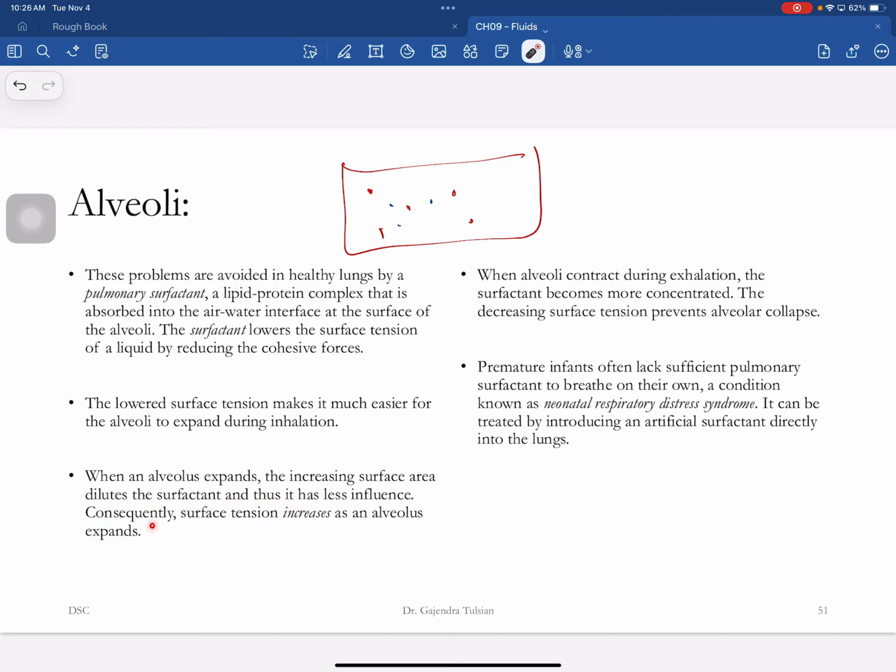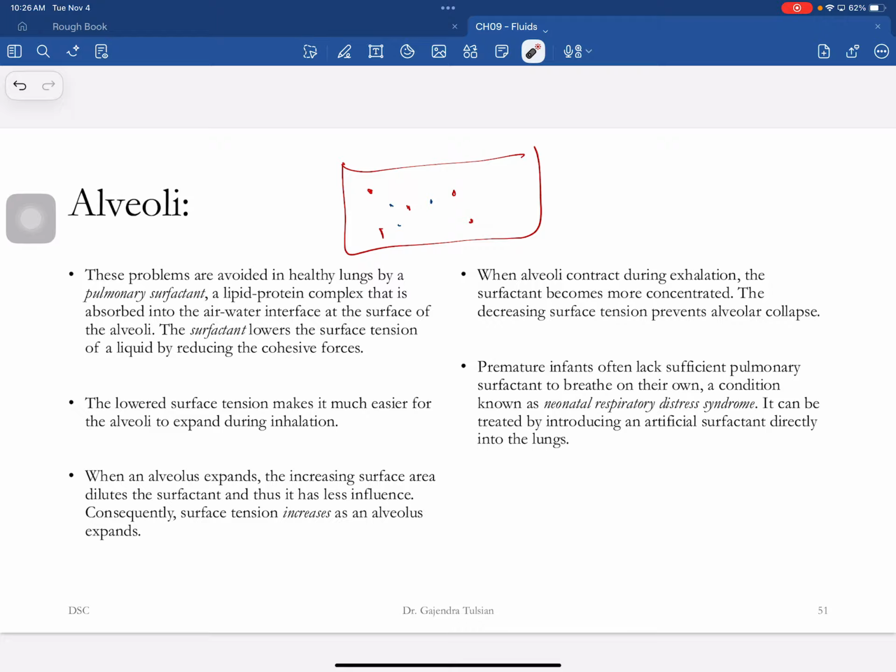Consequently, surface tension increases as the alveolus expands. So as the alveolus expands, the balloon is getting stiffer, so you don't have runaway expansion. And as the alveolus shrinks, the surfactant concentration is increasing, and it's becoming softer. The balloon is getting softer, so it doesn't collapse.